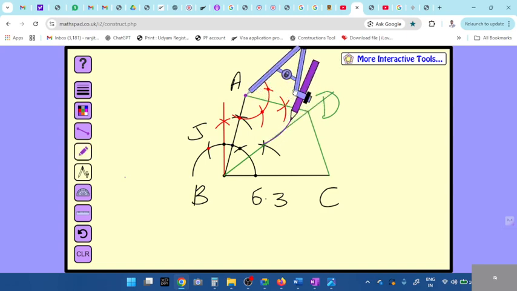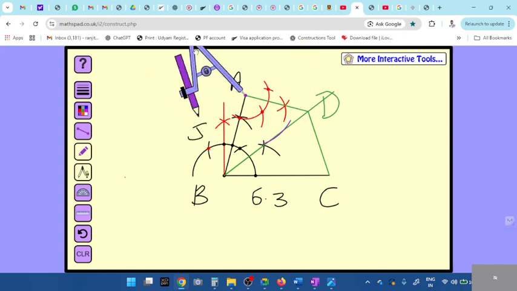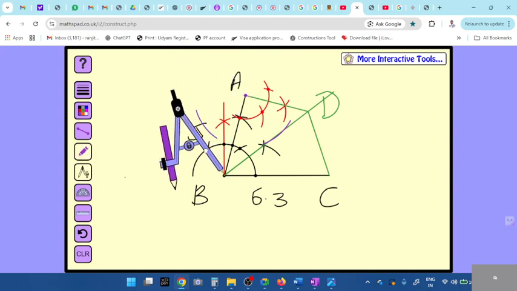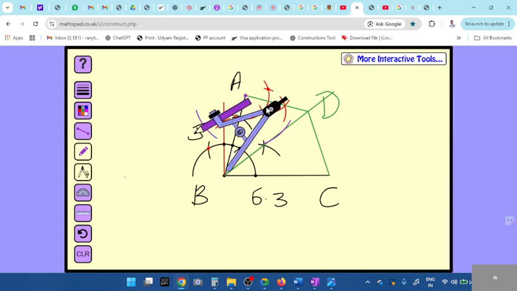Look here, like this, on the right hand side and on the left hand side. Then next, from point B, students, on the left hand side, and again on the right hand side, like this.